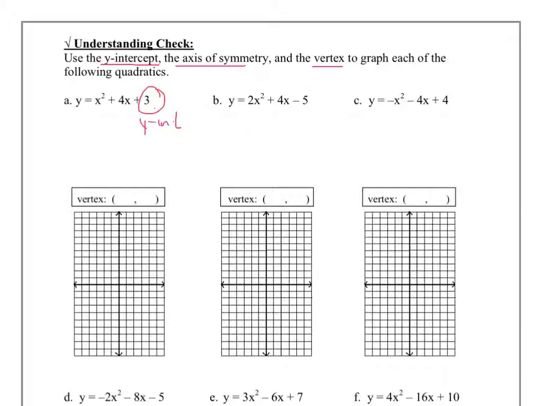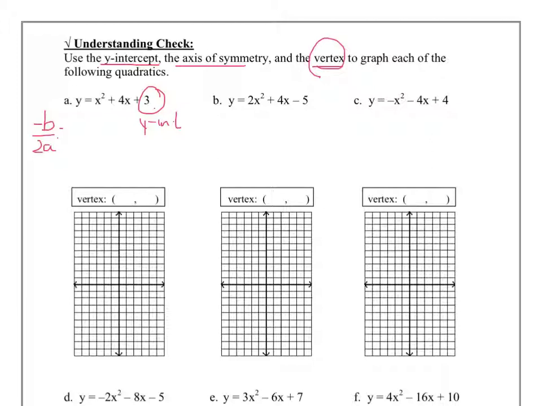To find the axis of symmetry, we use -b over 2a, from the video. And then to find the vertex, we plug our axis of symmetry into the equation to find the y value. Just a little refresher on that.